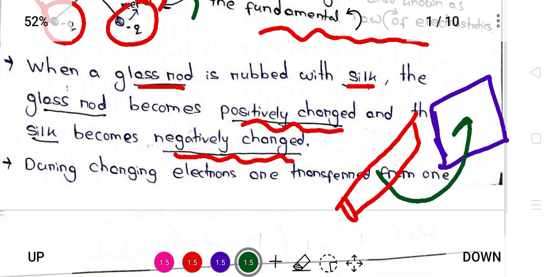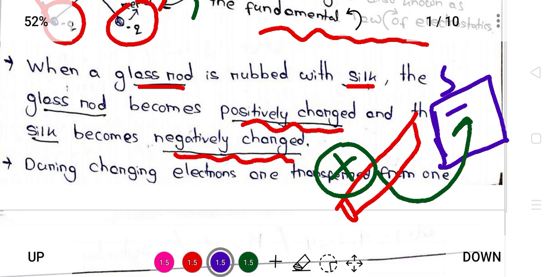Since the glass is losing negative charge, it will become positive, and since the silk is receiving negative charge, it will become negative. Because electrons are transferring from glass to silk, the silk is getting negative and the glass is becoming positive.